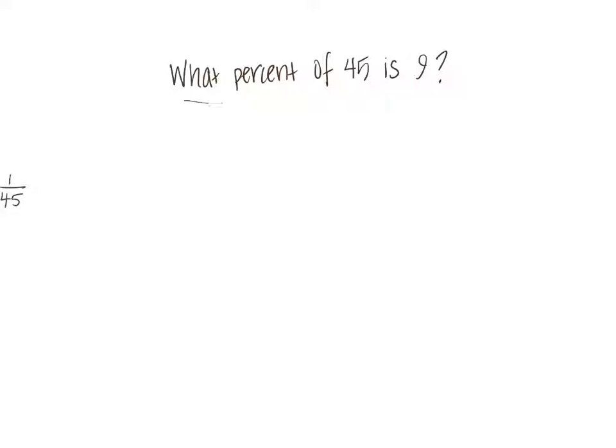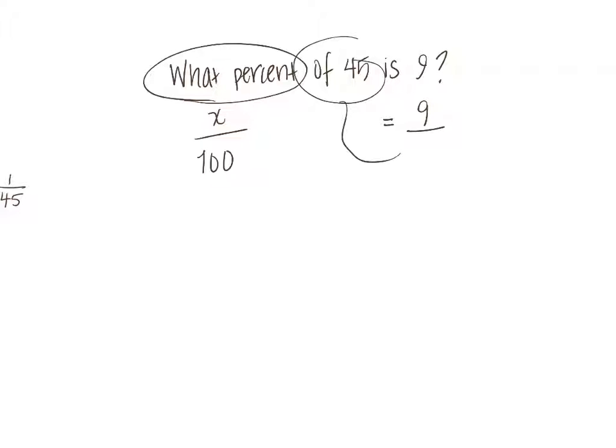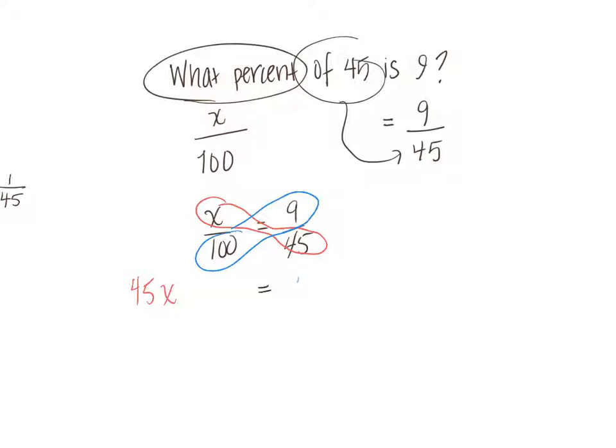All right, hopefully you recognize that what percent is automatically X over 100 and is 9 out of 45. And once I have this, I can end up setting them equal to each other and cross multiplying. I multiply my X times my 45 and set that equal to 9 times 100.